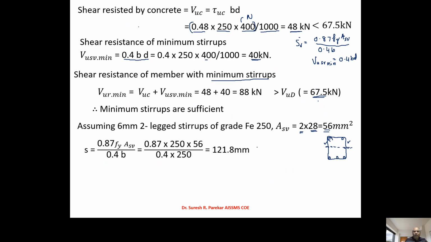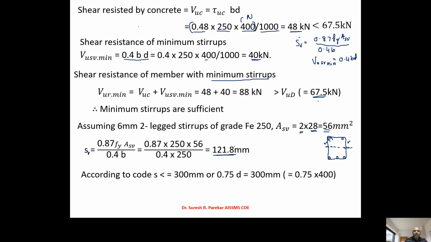And then we know the formula Sv is 0.87 fy Asv upon 0.4 b, and from this we get the value as 121.8 millimeters. Then according to the IS code, this Sv should be less than or equal to 300 mm or 0.75 into d.